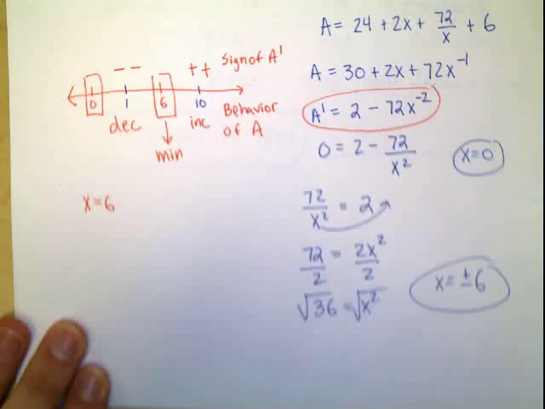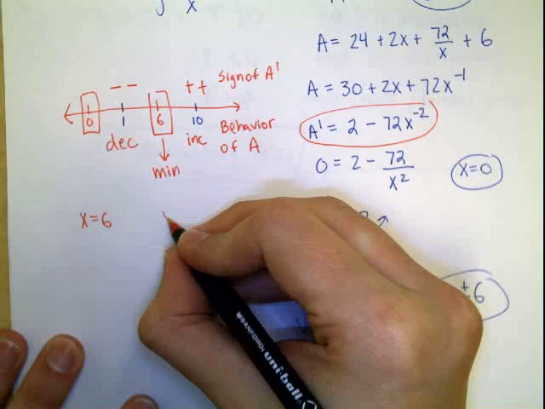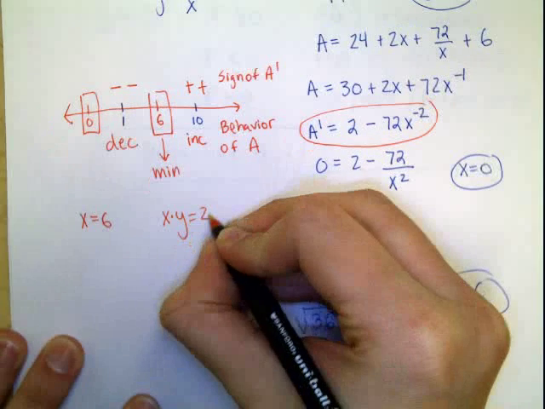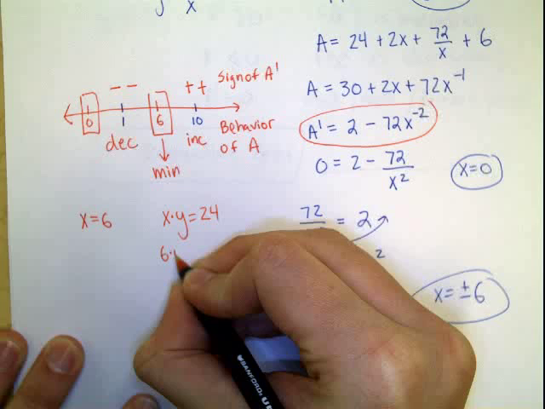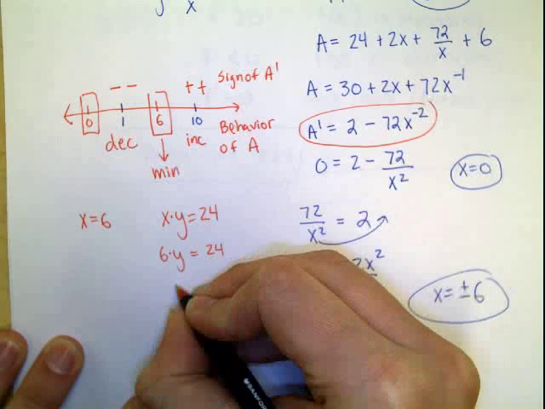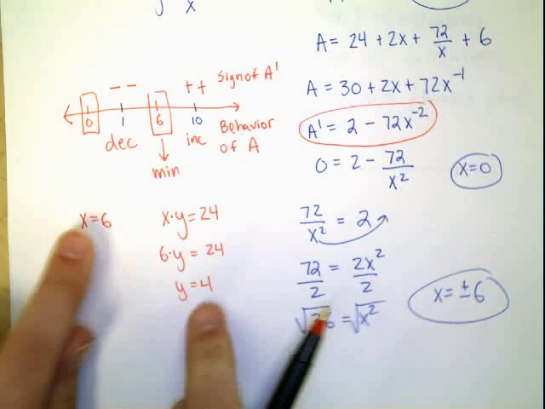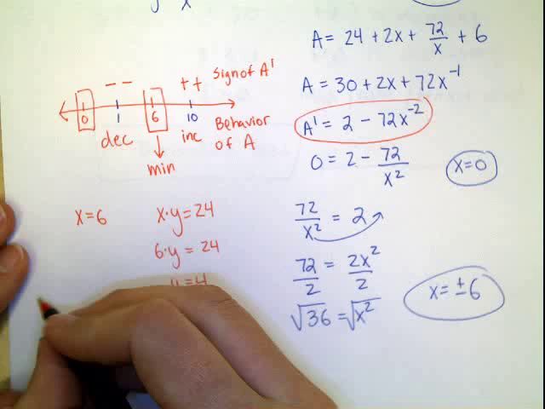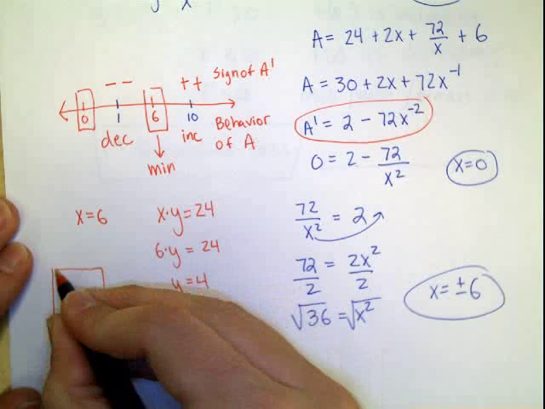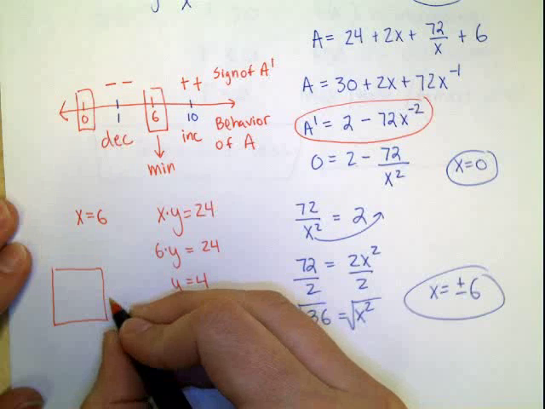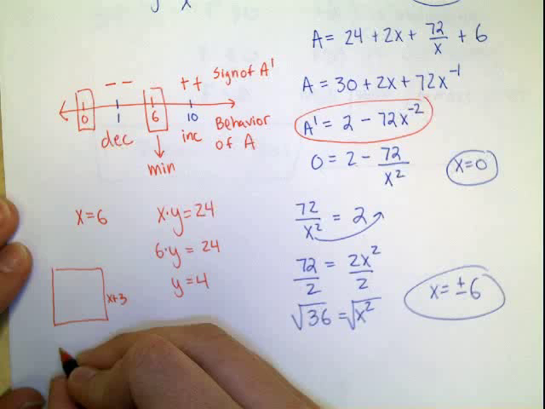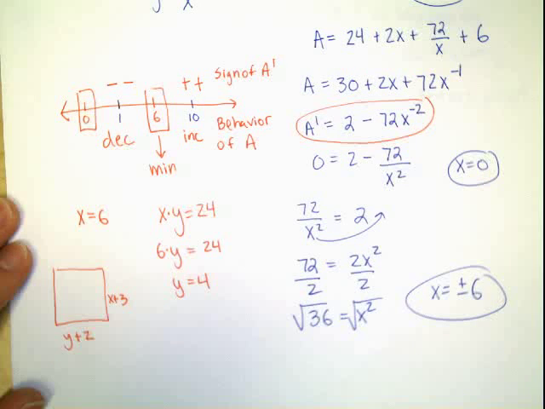Let's go down here. If x is 6, remember x times y had to equal 24. So if we have 6 times y equals 24, y has to equal 4. So x and y are these dimensions. Now the entire page of that paper had a dimension of x plus 3 and y plus 2.